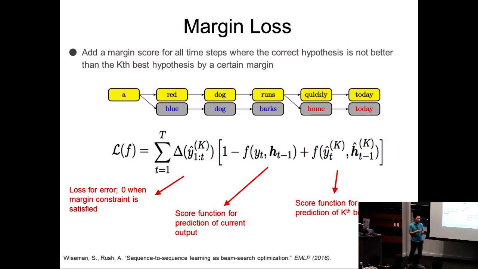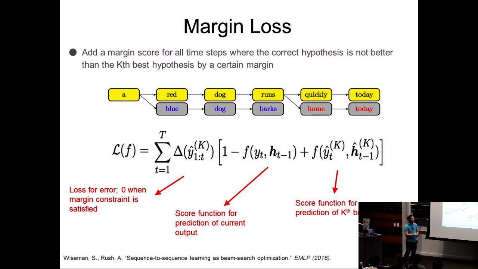So what you're effectively saying is, if I look at my K best outputs using beam search, I want to make sure that the correct output is among those K best. If it is, then my loss is 0.